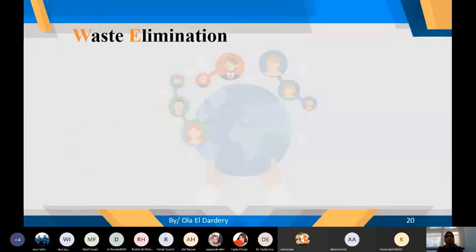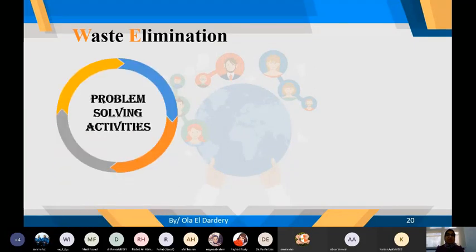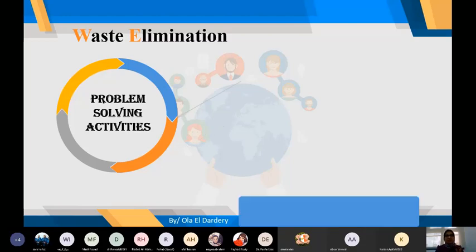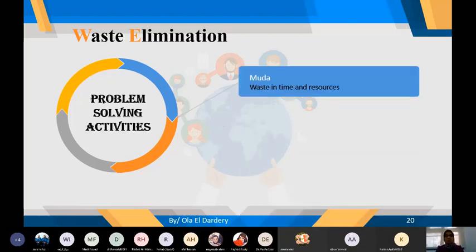Right. After that, we said that the second pillar in Kaizen is waste elimination. And when it comes to problem-solving activities, we said three Japanese words that were just a little bit weird. The first one was muda, and muda is waste. Muda is waste in time and resource, and surprisingly, we have 7 to 8 types of waste that can be eliminated on a personal level and on an organizational level, as we're going to see.